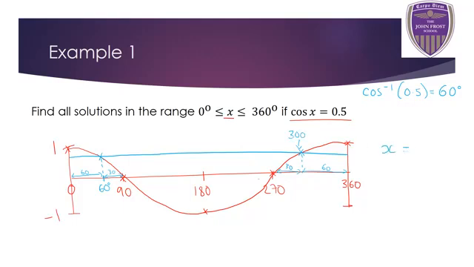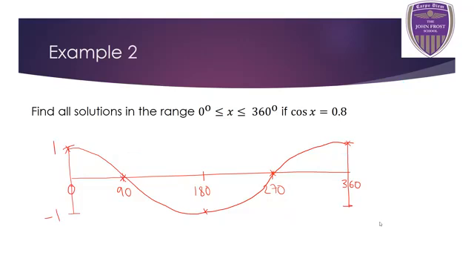So the two solutions are x equals 60 degrees and x equals 300 degrees. There are no other solutions in that range because there's no other point where it crosses the curve. Next one: press pause, sketch the graph, press play when you're ready.